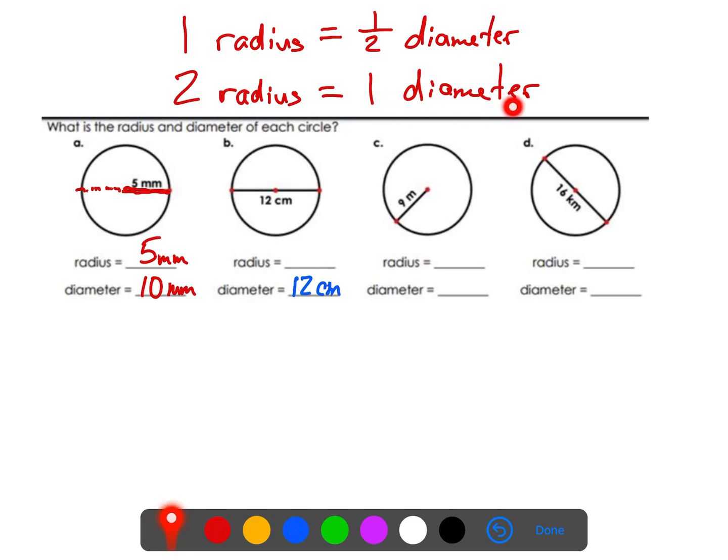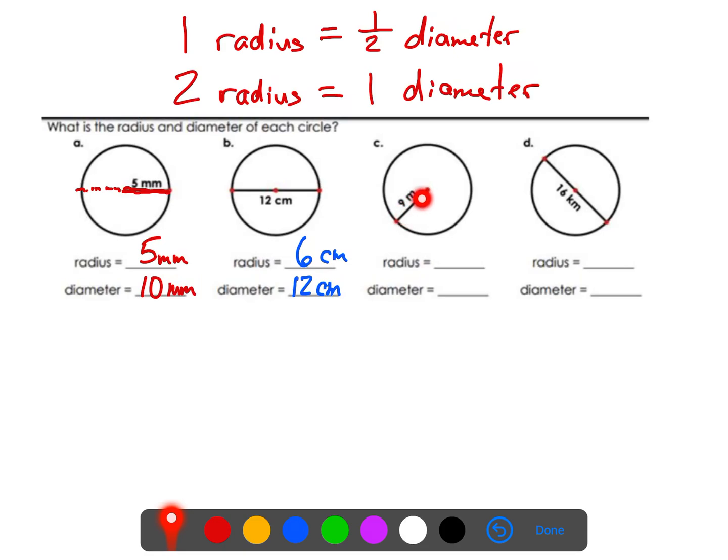And our diameter is 2 radiuses. So if I want to say the length of one radius, I'm going to need half of the diameter. Half of the diameter would be half of this measurement. We're only going from the center to one outside edge, and that's going to be 6 centimeters.